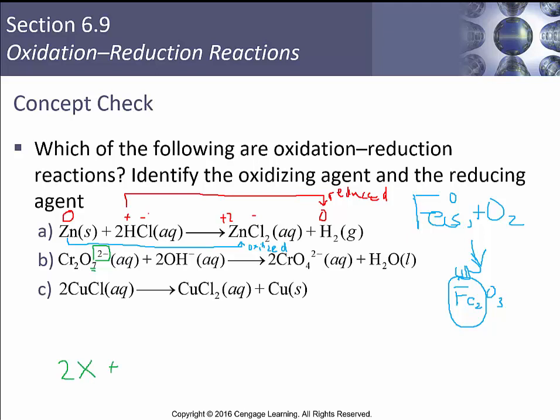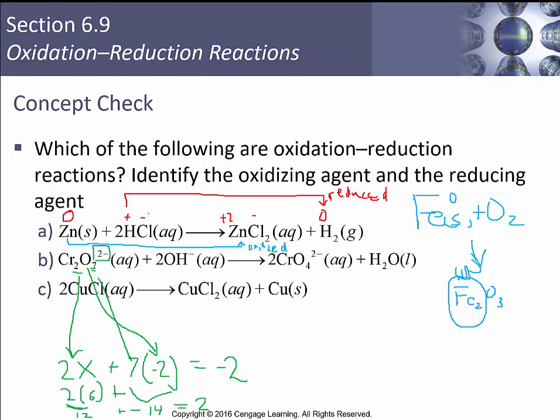Here's our 7, and our oxygen has a -2. And this is our 2 over here. And then we've got this -2 charge. So those together have to equal -2. So what number needs to go in here? Well, math that out real quick. We'll find it's 6. So 12 plus -14 is equal to -2.